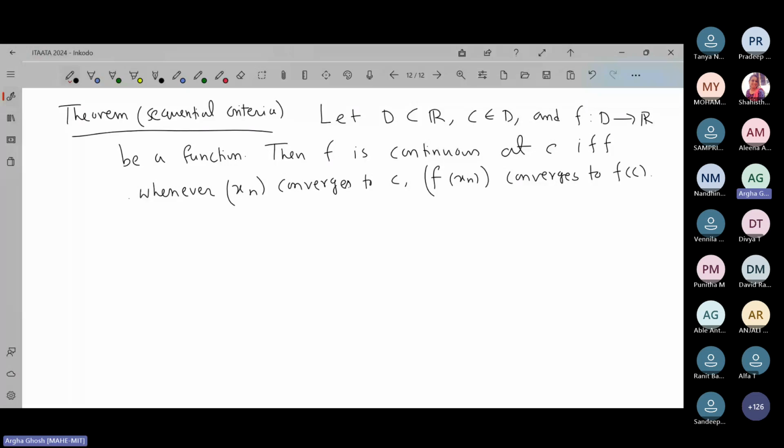Fine. So what we are saying is that continuity implies that if xn converges to c, it is always going to imply that f of xn converges to f of c. And if this is true for all sequences xn, then f should be continuous at that point.